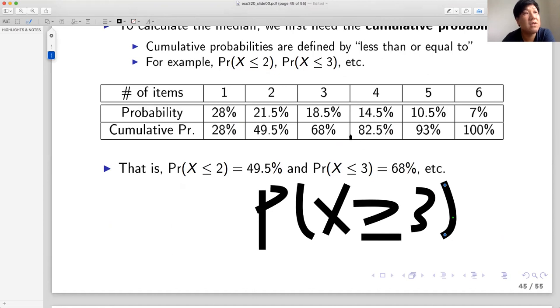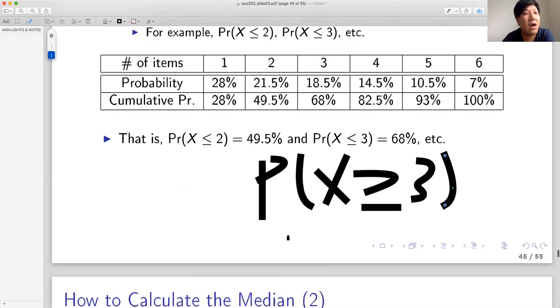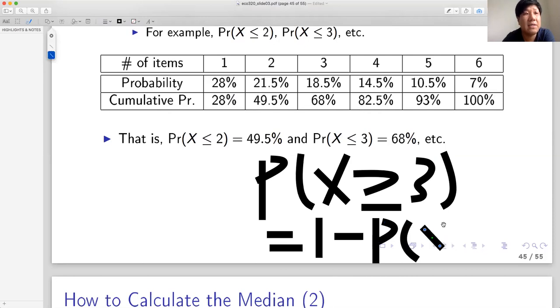You add the probability that x equals 3, plus x equals 4, x equals 5, and x equals 6. This is actually using the complementary rule. It equals 1 minus, because the summation of probability is always 100%, 1 minus the probability that x is less than or equal to 2, right? So this is how you get that.